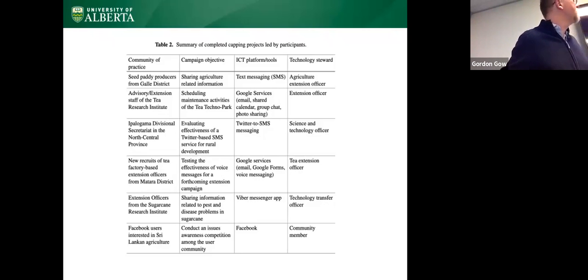Some of them were very simple, like working with seed paddy producers, using text messaging, fairly obvious. This was Pradeep's work. He was working for the Tea Research Institute, and he was trying to coordinate the scheduling of maintenance activities at the Tea Technopark. It's pretty simple stuff, but he was trying to introduce a shared scheduling app for the other extension officers so they could coordinate their maintenance activities.